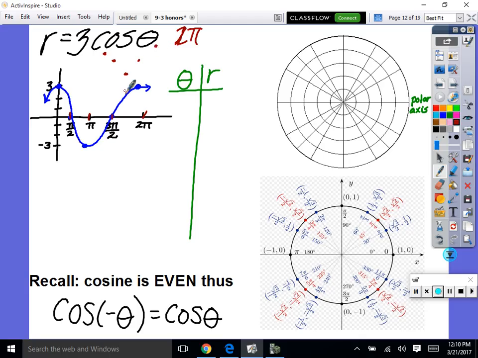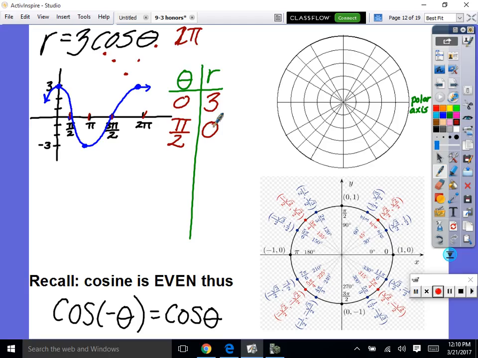So now we can draw in r and theta. When theta is 0, we start out at 3, correct? Then when we go to pi halves, we're back to 0. Once again, it's nice to see what's happening in between, so maybe I should have plotted some more points.